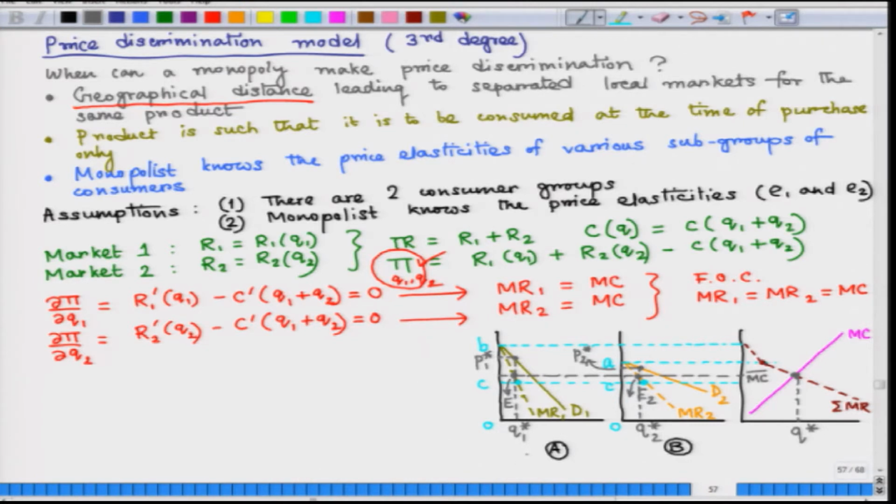So, what we get to see here is that the prices charged in two different markets are different, and quantities sold in two different markets are also different. So, after this graphical illustration, one point is clear.